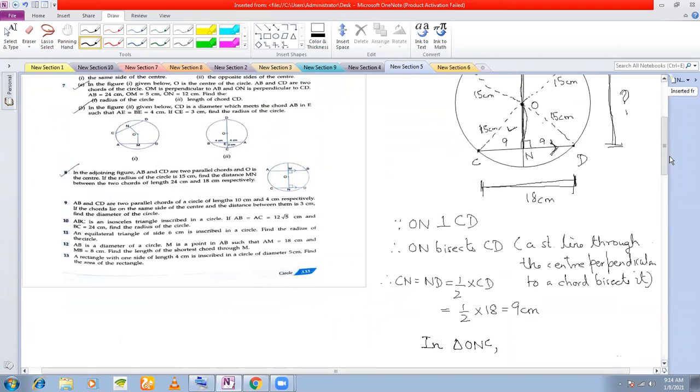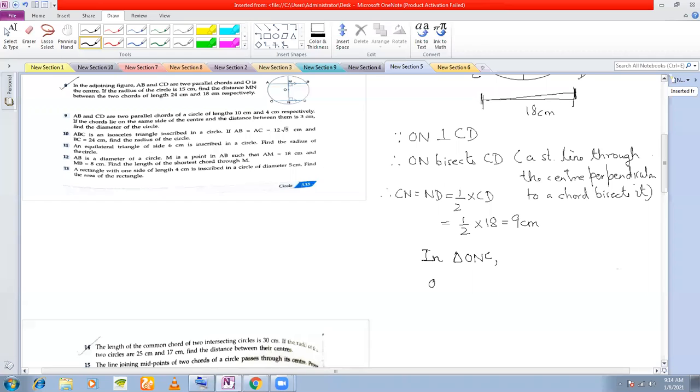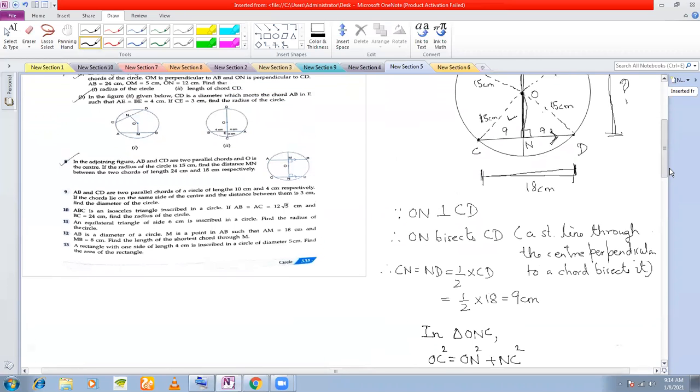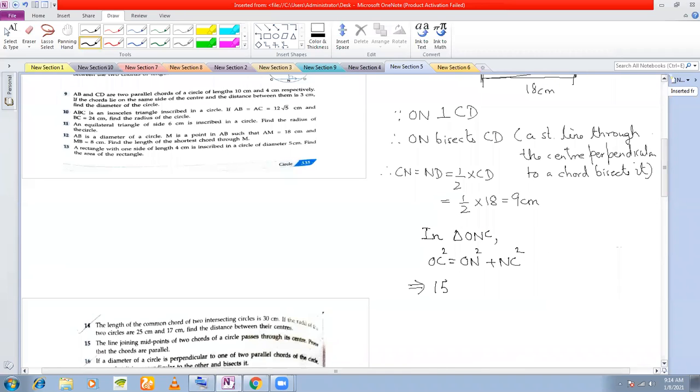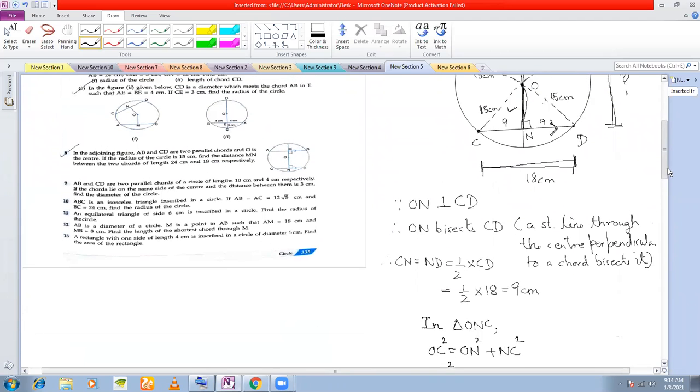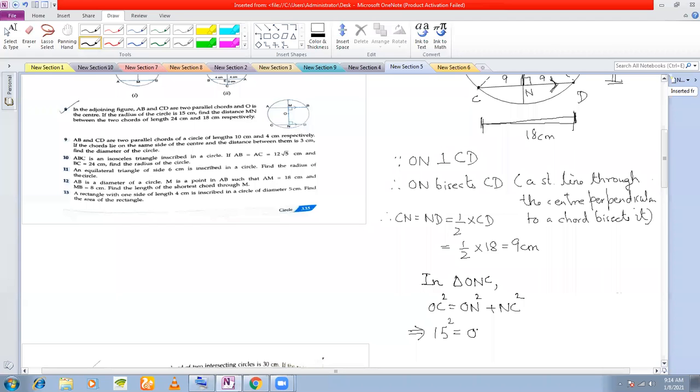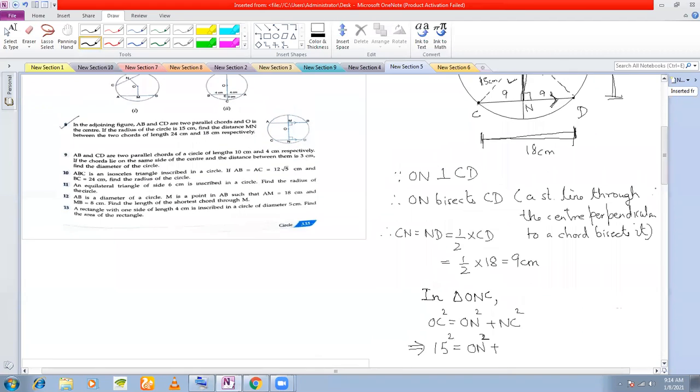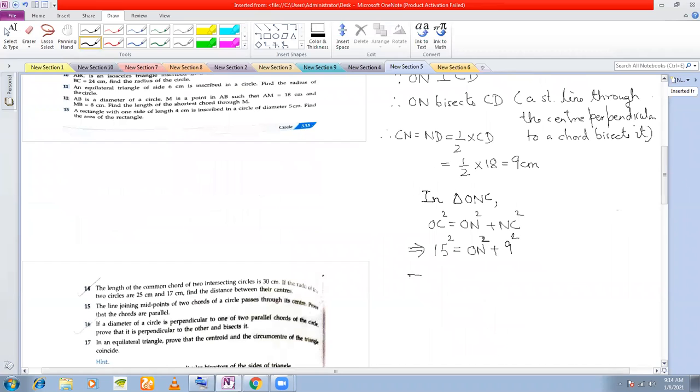OC square is equal to ON square plus NC square. Put the values. OC is 15, ON you have to find out, and NC is 9. That means ON square is 15 square minus 9 square.